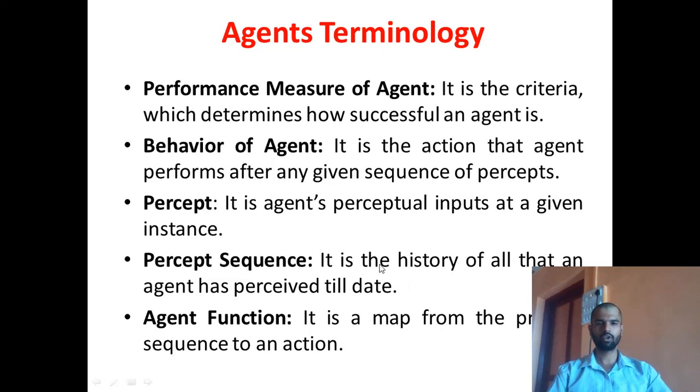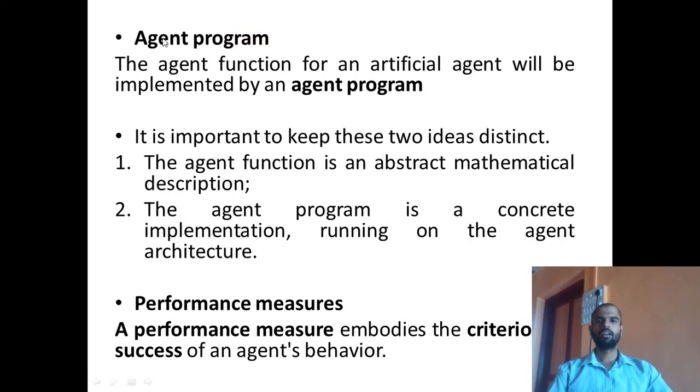Percept sequence is nothing but the history of actions that the agent has already performed. Next one is agent function. It is a map from the percept sequence to an action. Next terminology, that is agent program.